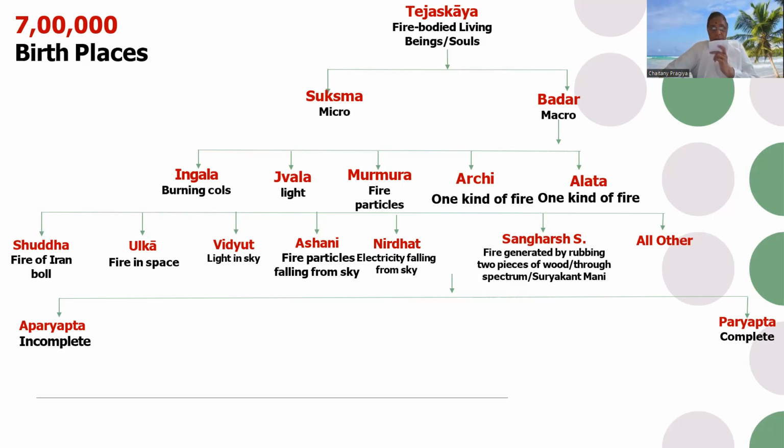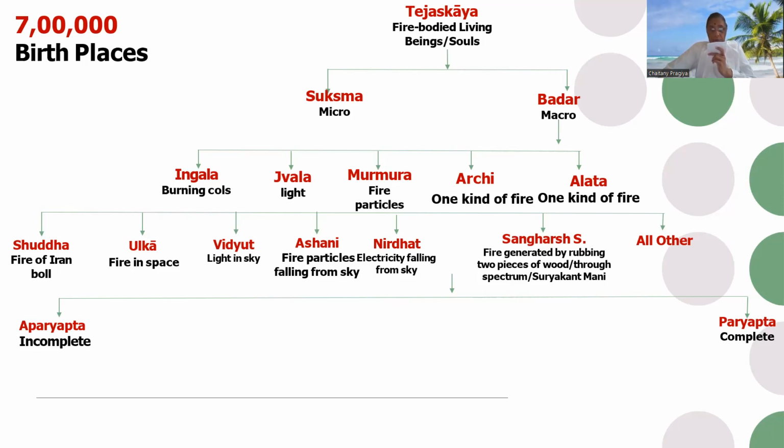So we know that all the living beings, especially the immobile living beings, are divided into two main categories. One is subtle, the other is macro. So micro and macro. As I have said, in the case of water-bodied living beings and earth-bodied living beings, they are very subtle and invisible.